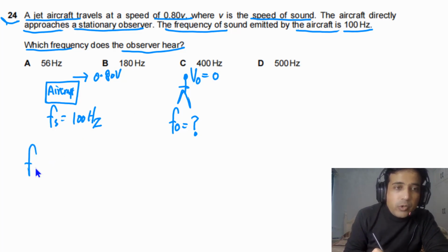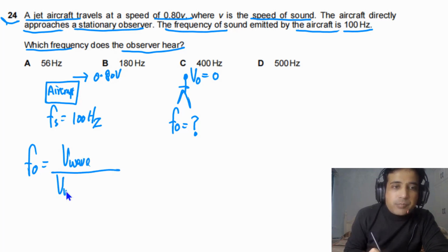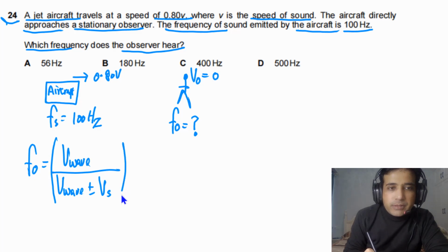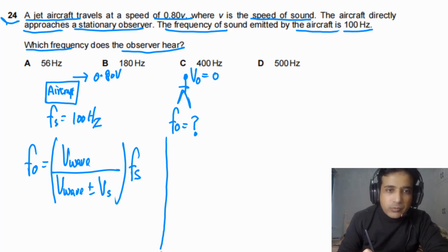So we can write down the observed frequency. This will be equal to the speed of the wave divided by the speed of the wave plus or minus the speed of the source. In this case, the observer is at rest, and you multiply this with the frequency of the source, meaning the frequency of the sound emitted by the source. Now we can plug in values. We need to find f naught.